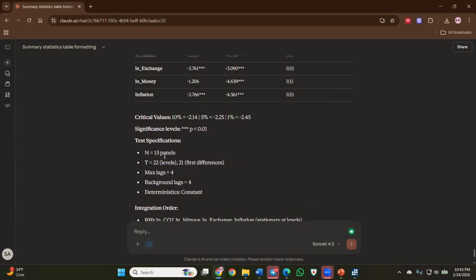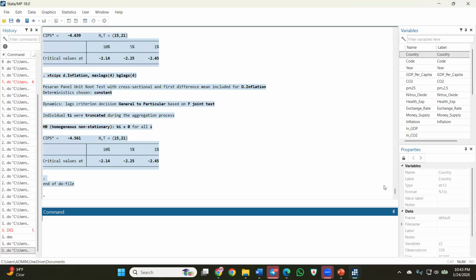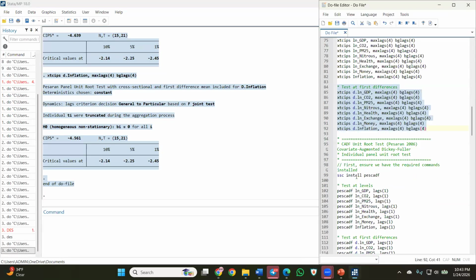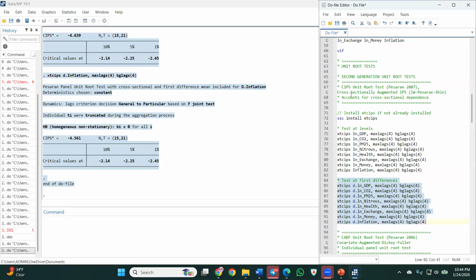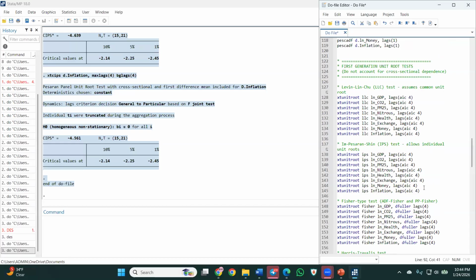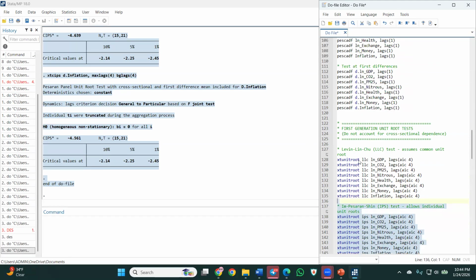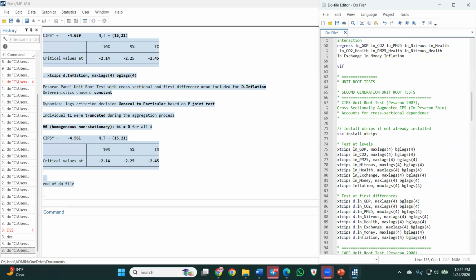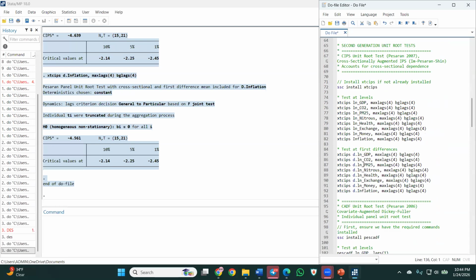Okay, so let's do the other model, which is the CADF. The first one we did was the CIPS, which is the cross-sectionally augmented IPS. The IPS is a first generation model, but the CIPS is the cross-sectionally augmented form of the first generation model.